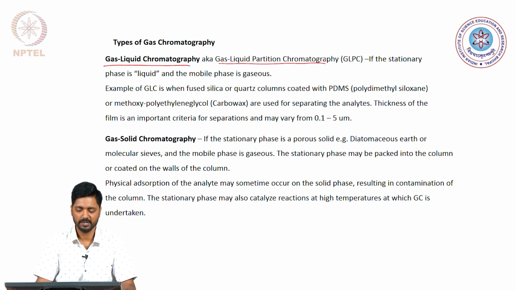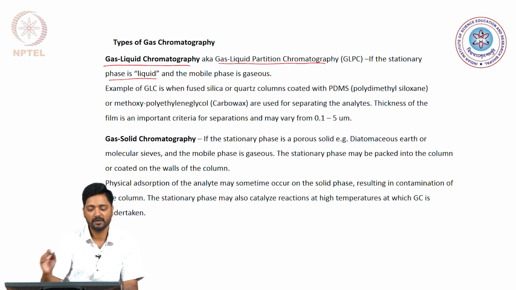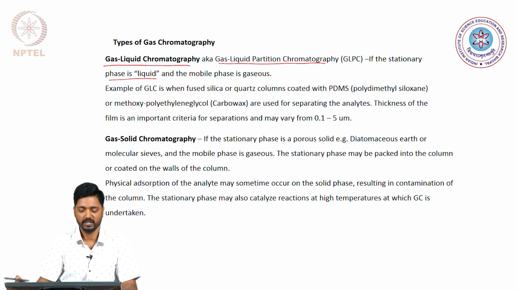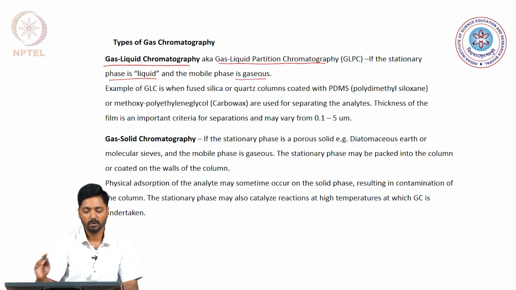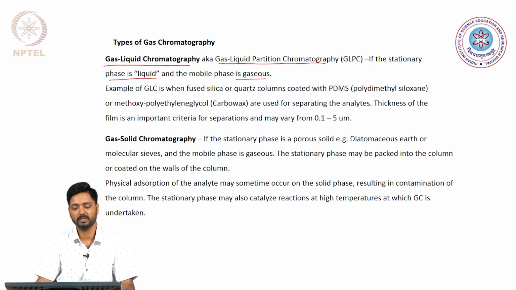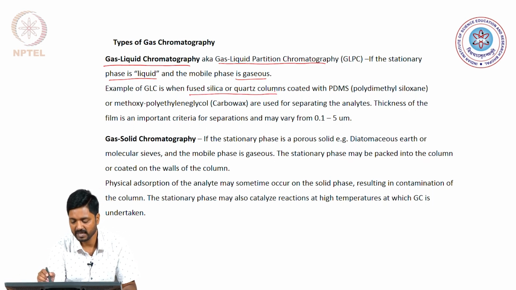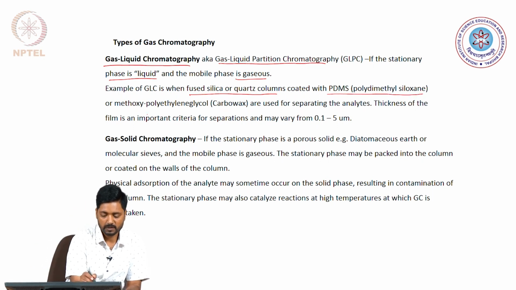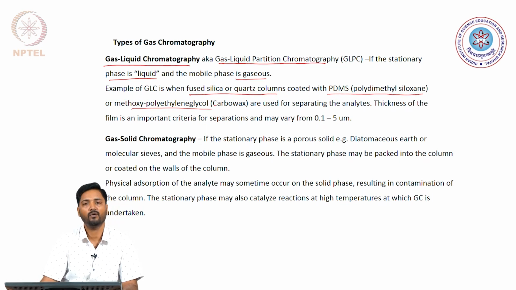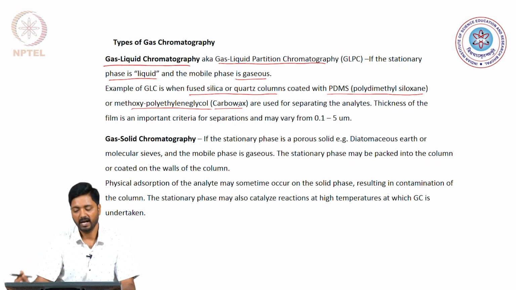So, this gas liquid partition chromatography term will be used in case the stationary phase is liquid and the mobile phase is gaseous. An example of this is when we have fused silica or quartz columns which are coated inside with polydimethylsiloxane or methoxy polyethylene glycols of high molecular weight, whose trade name is Carbowax.